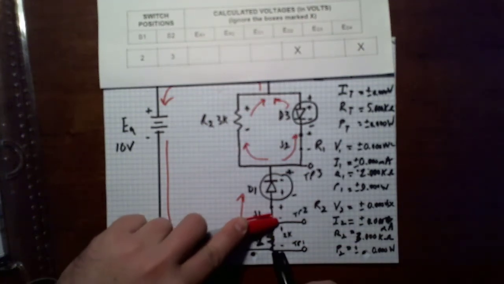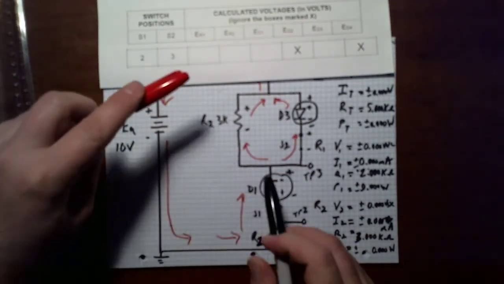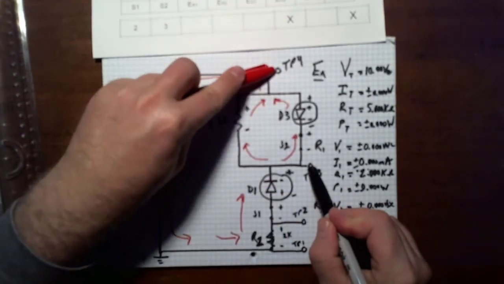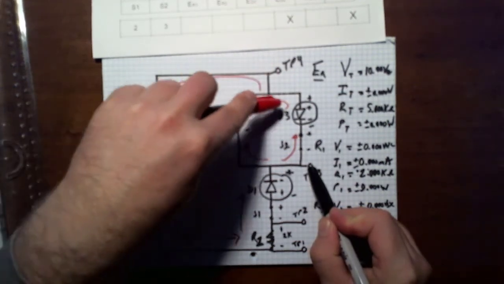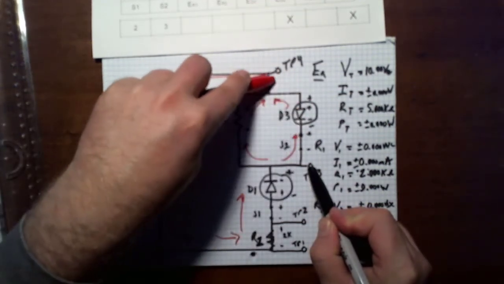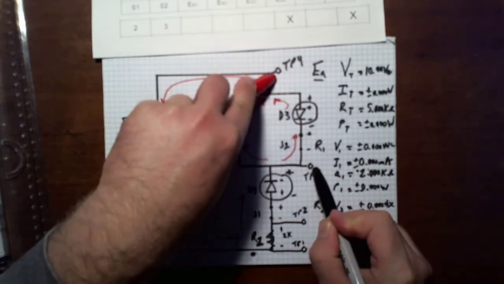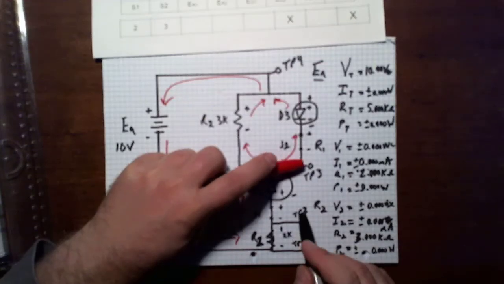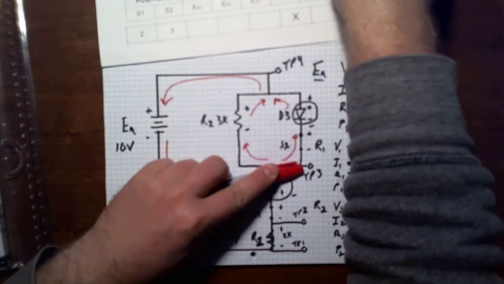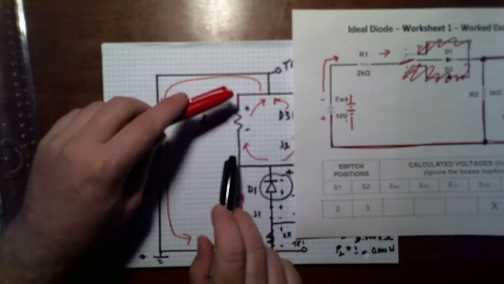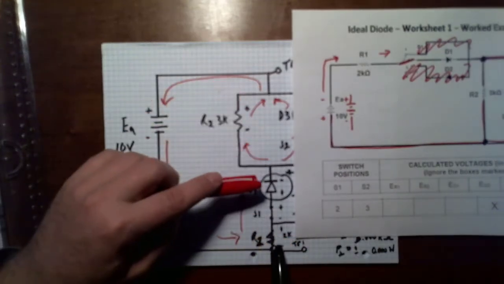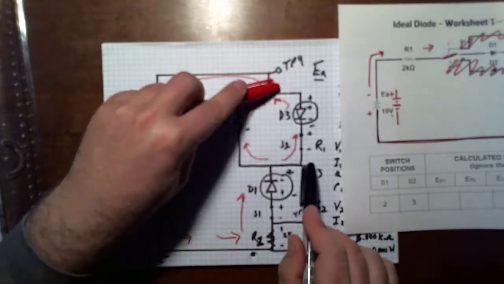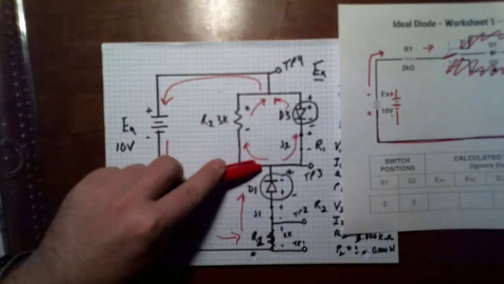Voltage across R2, we just measure right across these test points. We have 0 at R2 and 0 at D3. It's a parallel circuit, so it should be the same. The only place that we have voltage is across D1, and that's 10 volts. So R1, 0 volts. R2, 0 volts. D3, 0 volts. D1, 10 volts.